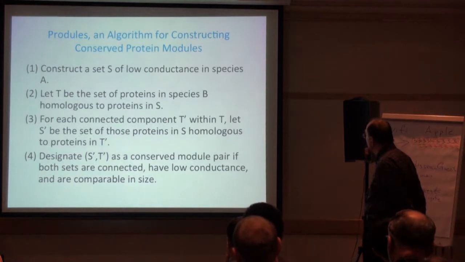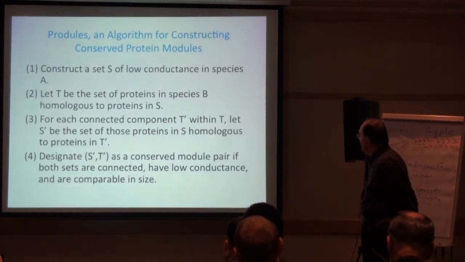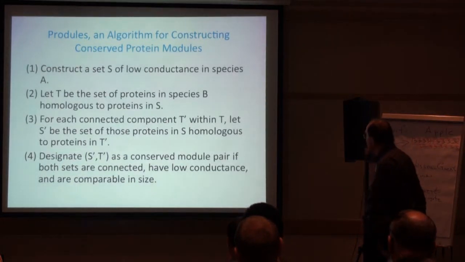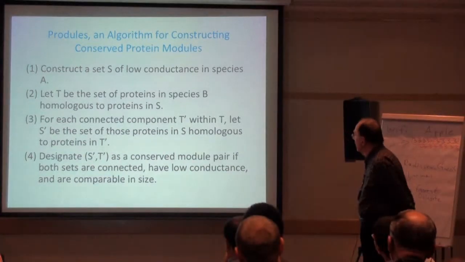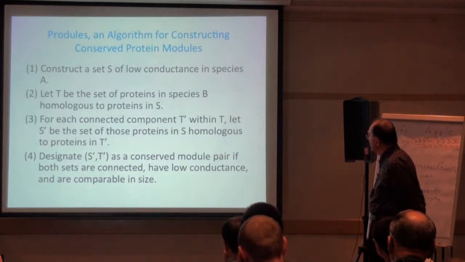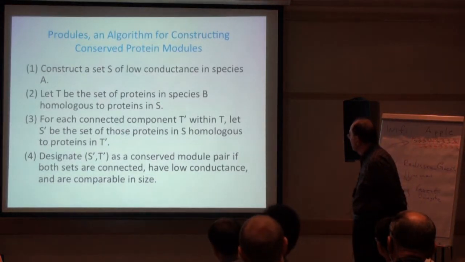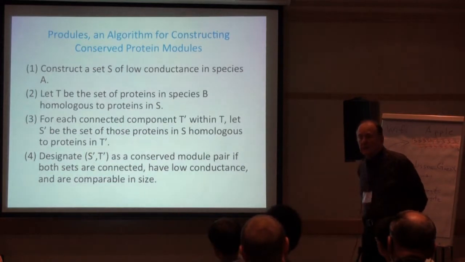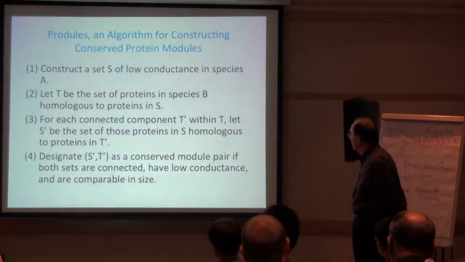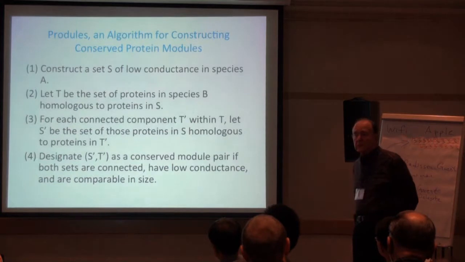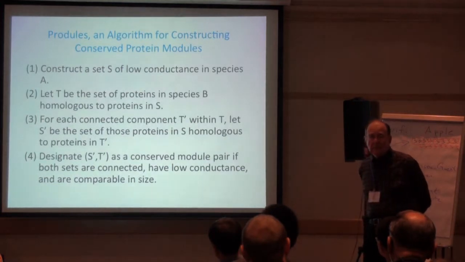In each case, we use the random walk technique to find a set of low conductance near a given seed vertex, and then carry that set over by looking at the set of all proteins in the second species which are homologous to proteins in the chosen low conductance set.